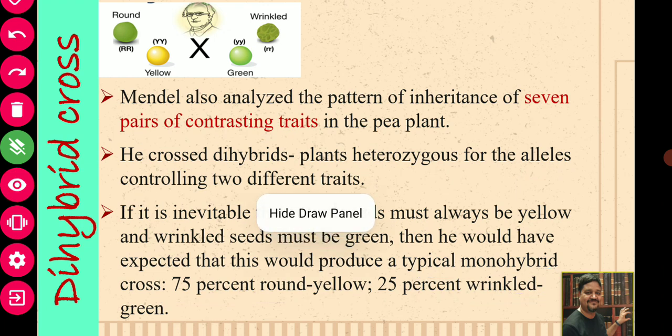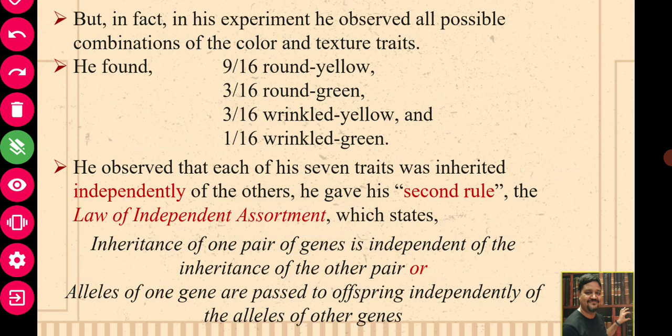But what he observed in his experiment was all possible combinations of color and texture. He found plants with round yellow, round green, wrinkled yellow and wrinkled green, all possible combinations, and that too in a particular ratio of 9:3:3:1.